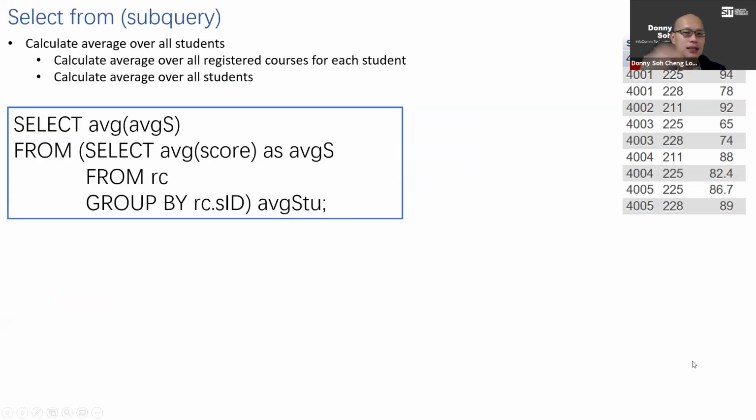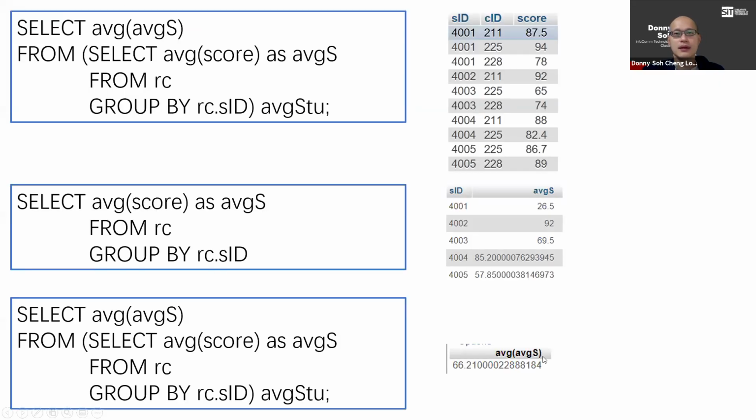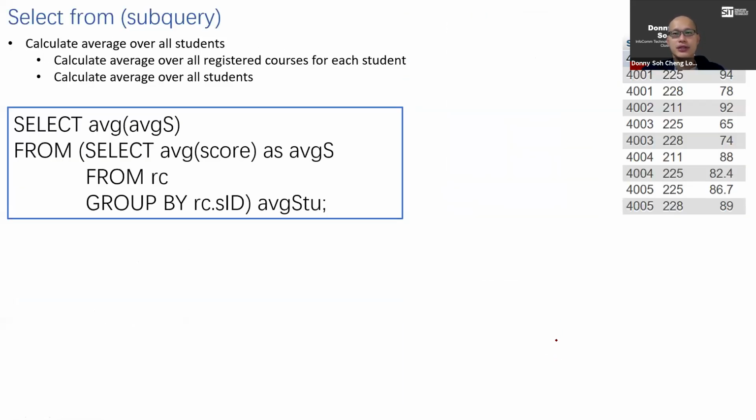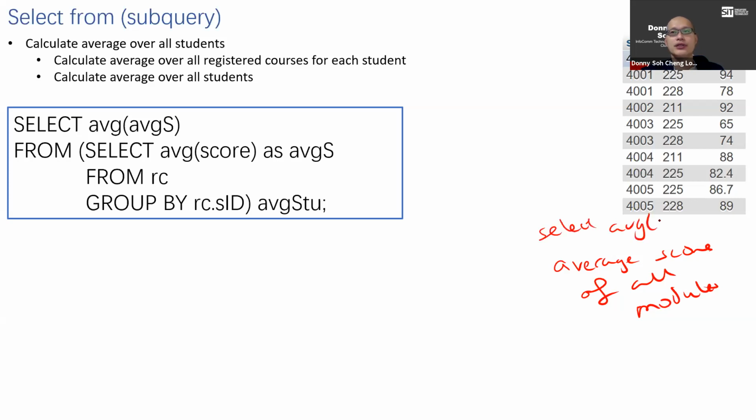So the earlier query is the average score of all modules, but that's not what we want.